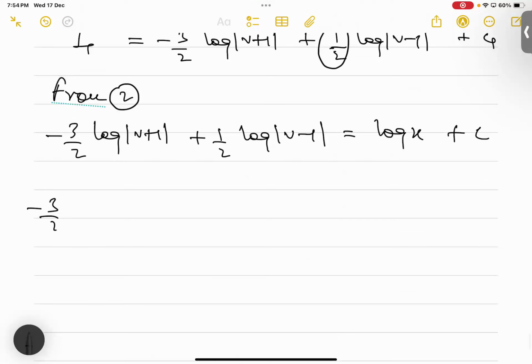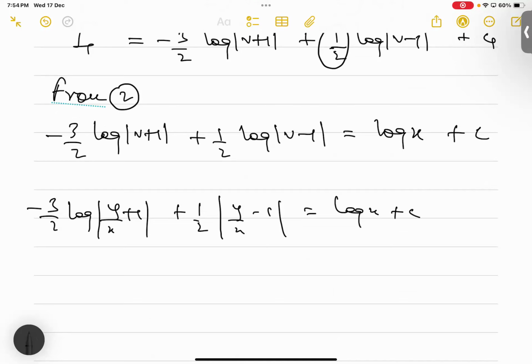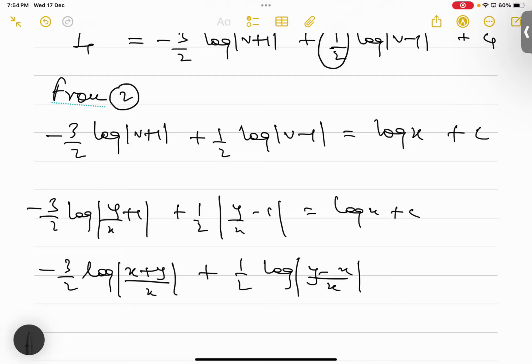Okay, so minus 3 by 2, just put the value of V. X plus y upon x, take LCM. General solution. Why did I avoid clubbing all the log terms? Because of that minus 3 by 2. Correct?